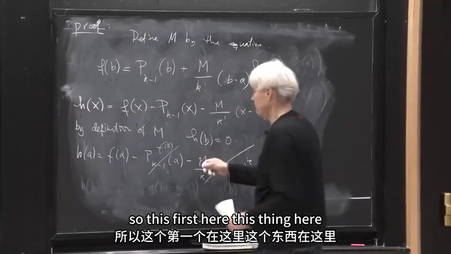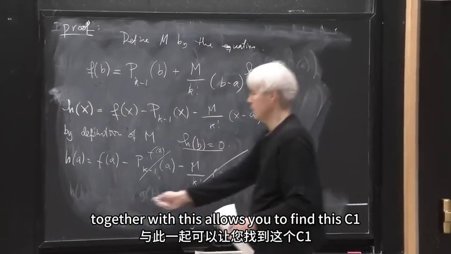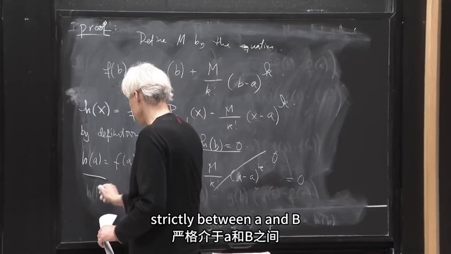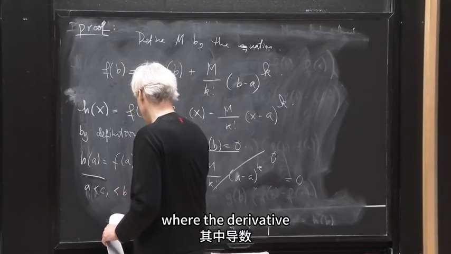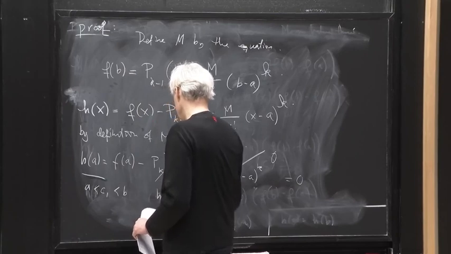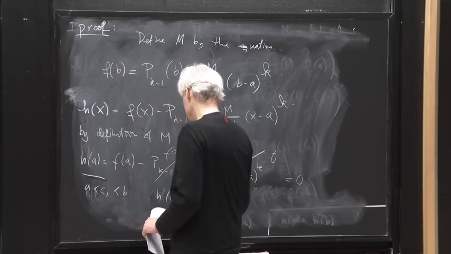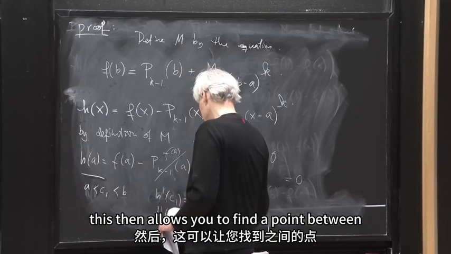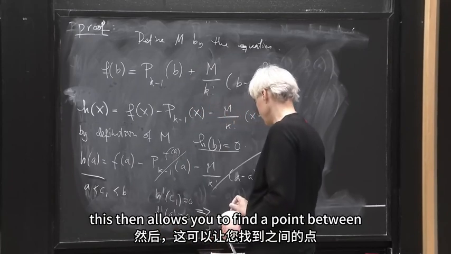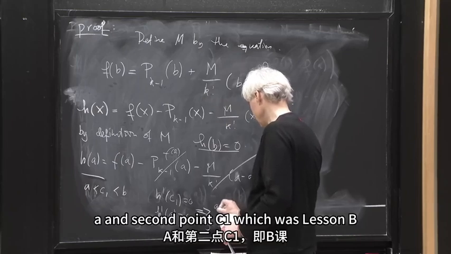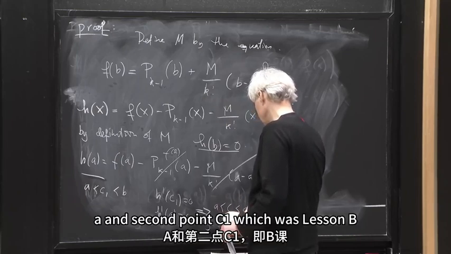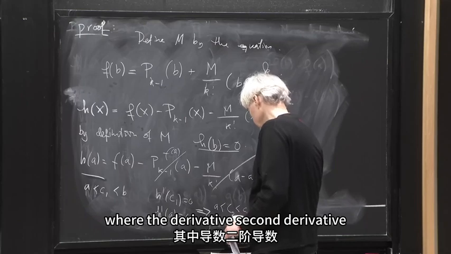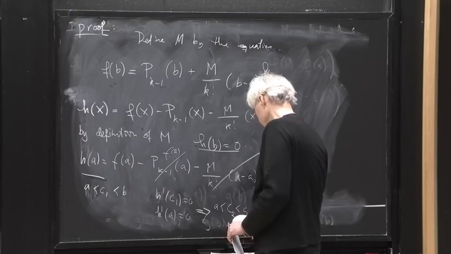So this, together with this, allows you to find this C1 strictly between a and b where the derivative is 0. Then you observe that the derivative of h at a is 0. This allows you to find a point between a and the second point, C1, which was less than b, where the second derivative is 0.